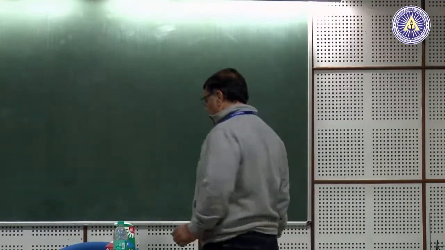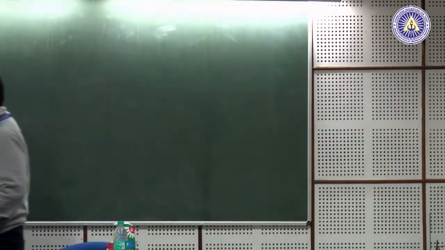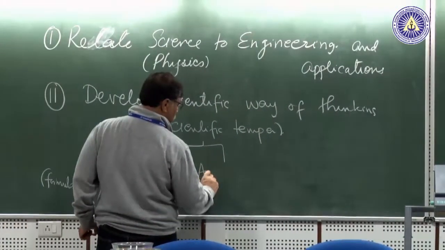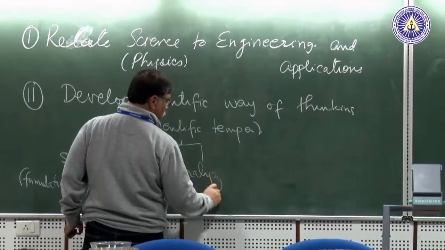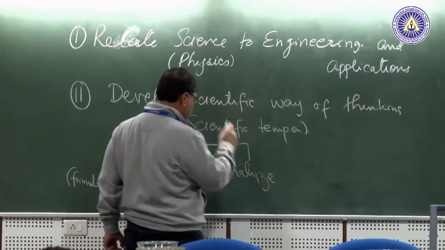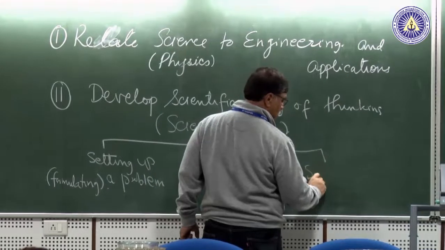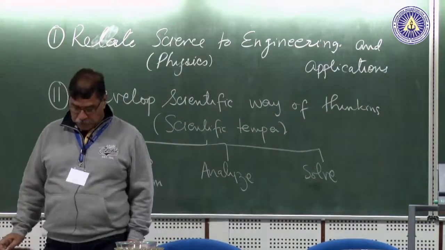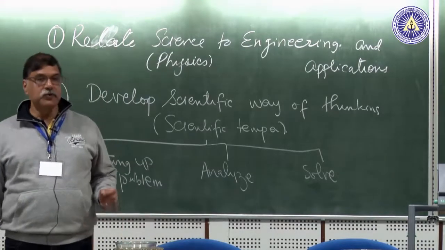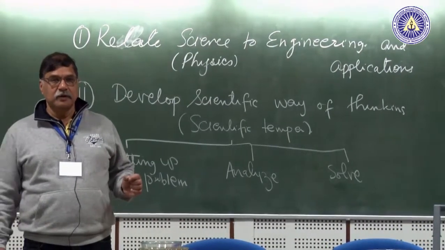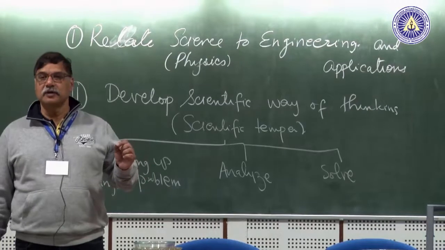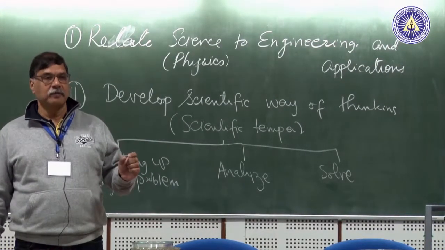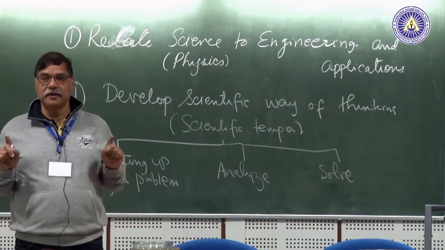And once I formulate a problem, right, setting up a problem, that is followed by analyze and solve. And when you solve, again, when you do engineering, although we make our laws which are precise, exact, they are exact because I perform those things in ideal conditions.